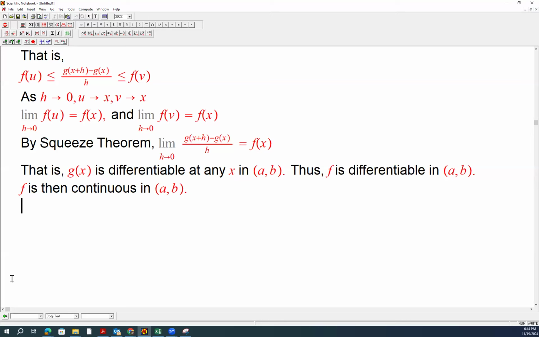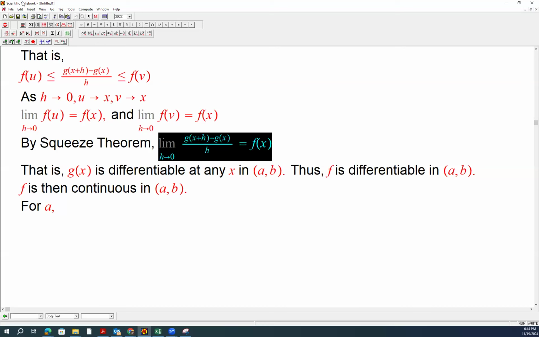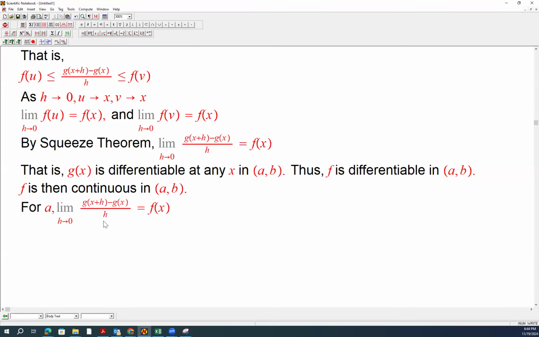So for A and B, right? For point A, all the proof can be done. We're going to choose A plus, and H is positive.